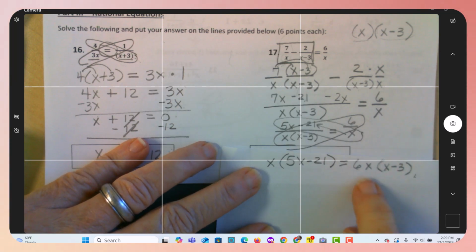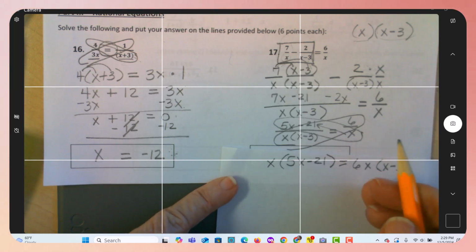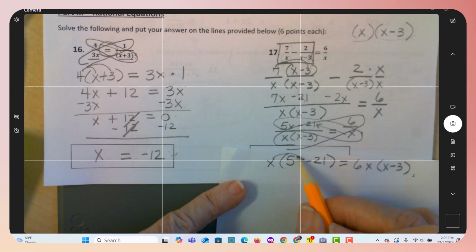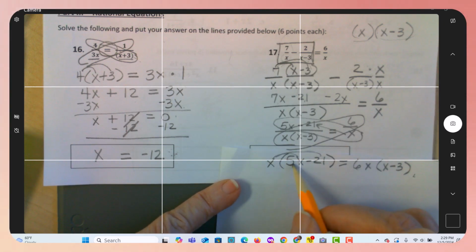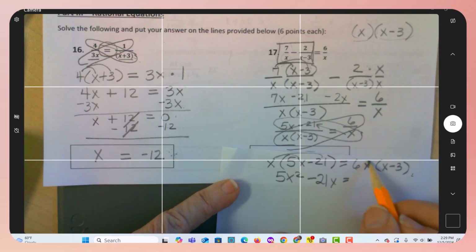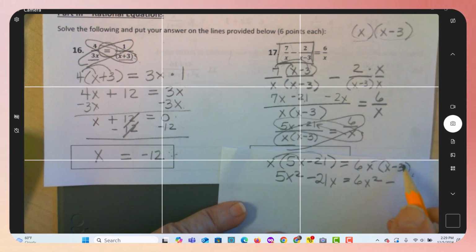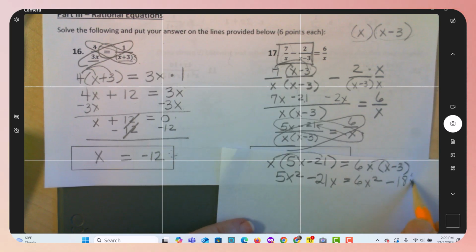So that 6 times x is just 6x, and then times x minus 3. Alright, now let's distribute this x to both terms. So 5x times x is 5x squared minus 21x is equal to 6x times x is 6x squared minus 3 times 6 is 18, and don't forget that x.